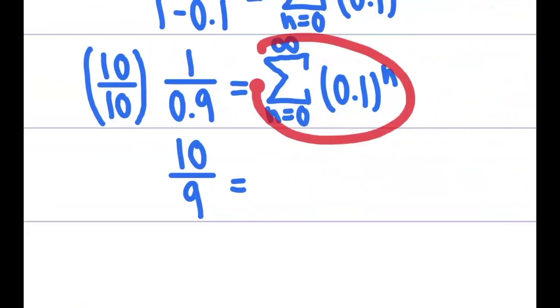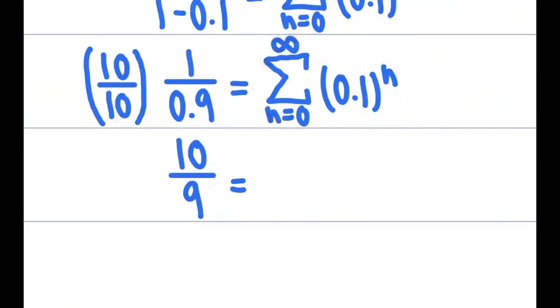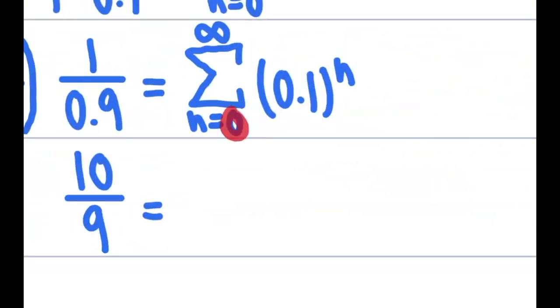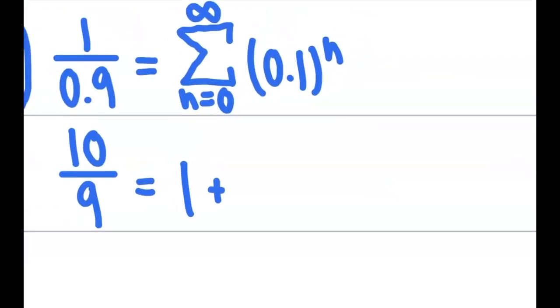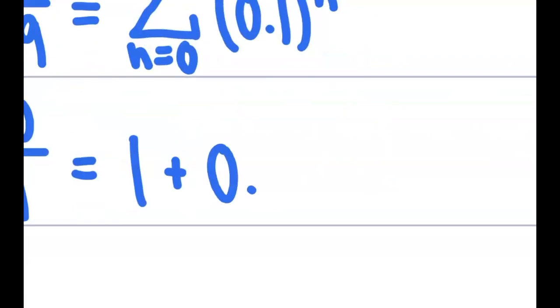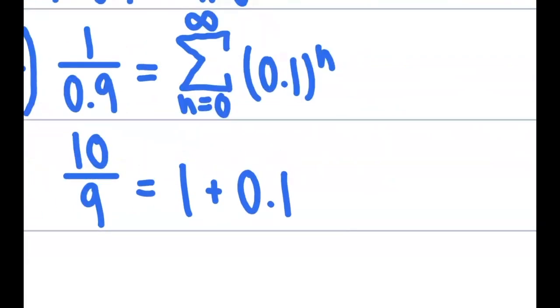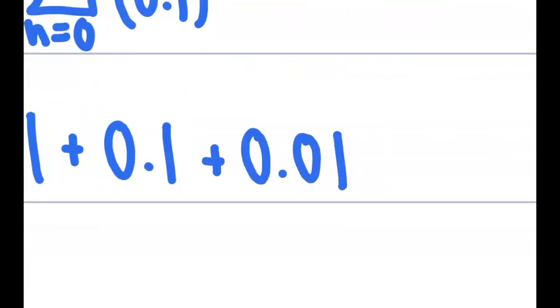And let me expand this sum here, because when n equals 0, you get 0.1 to the power of 0, which is 1. When n equals 1, you get 0.1 to the power of 1, which is 0.1. When n is 2, you get 0.1 squared, which is 0.01. And you get 0.1 cubed when n equals 3, so 0.001, and so on.